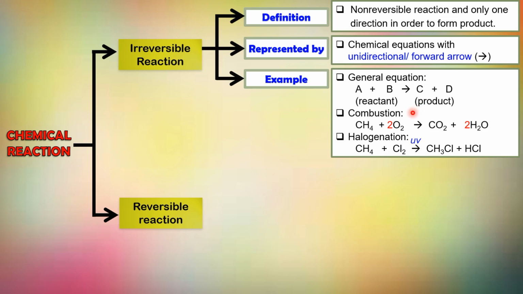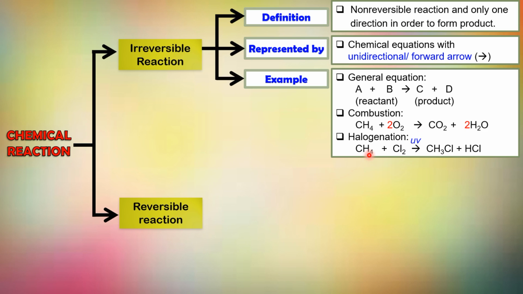An example in daily life is combustion. Let's say methane gas is combusted in excess oxygen gas and it will convert into carbon dioxide and H2O. One more example is halogenation. Methane undergoes halogenation with chlorine molecule in the presence of UV, ultraviolet.